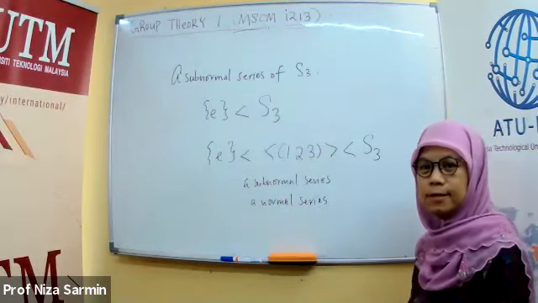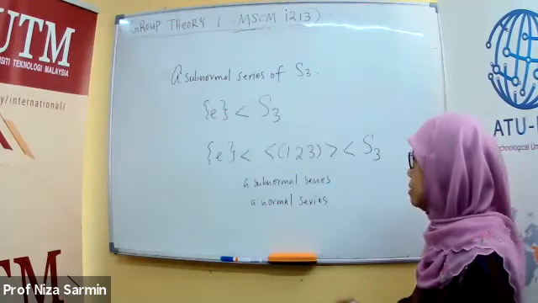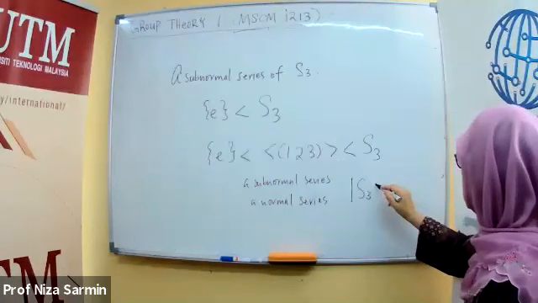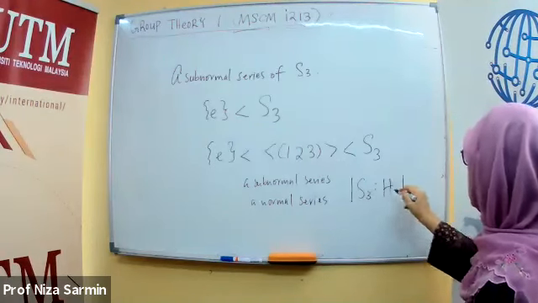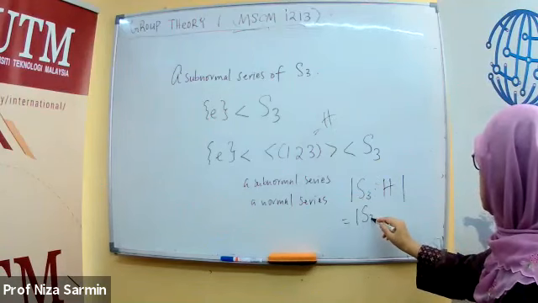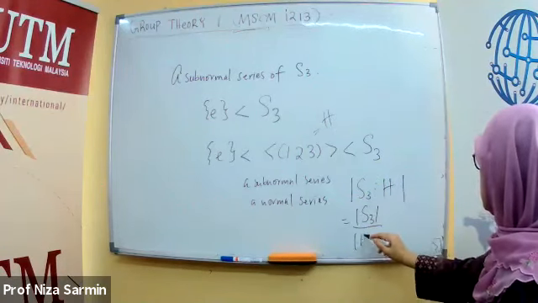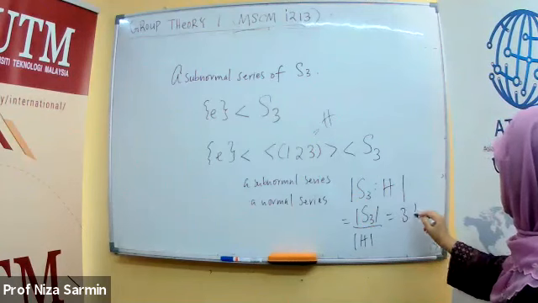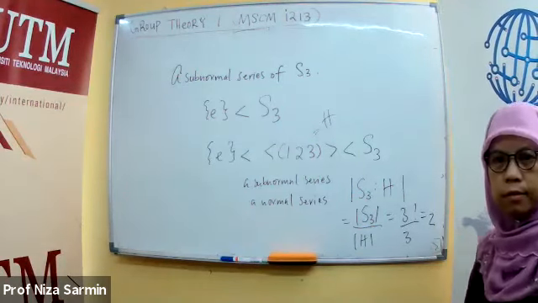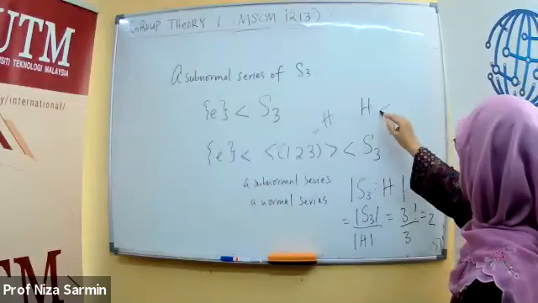Done? Okay, because the index is 2, right? This is H, right? So the index is 2, so it's normal. Okay, so H is normal.